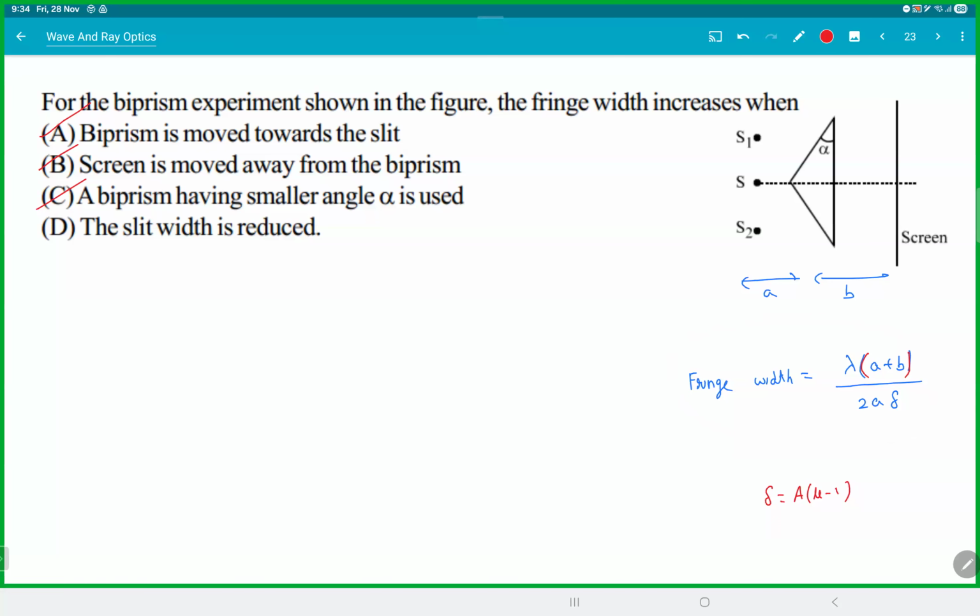If you change the width of a slit, intensity changes. Fringe width will not, the size will never get affected. Are you clear with this? So in the denominator, A plus B is constant, right? You're not changing the source in this, right? Clear, Yashil?